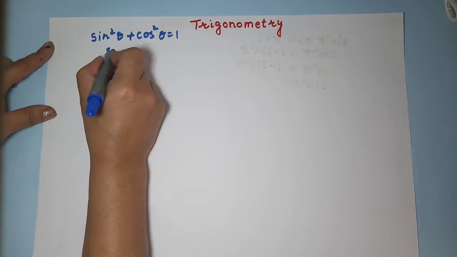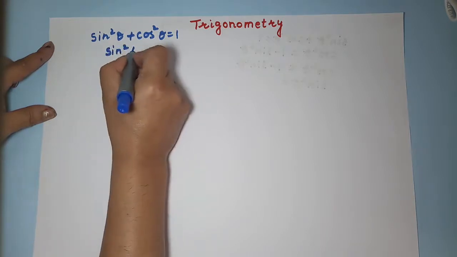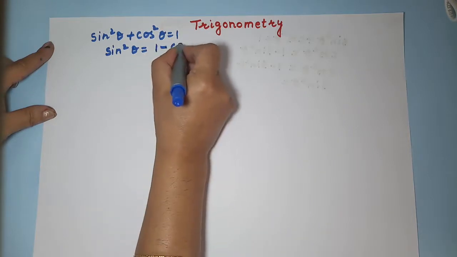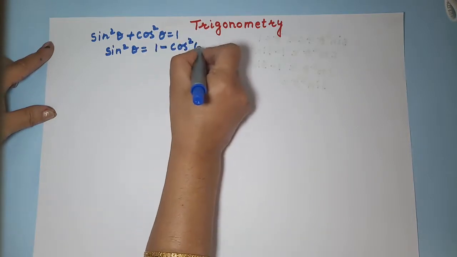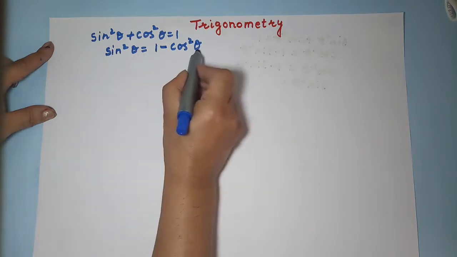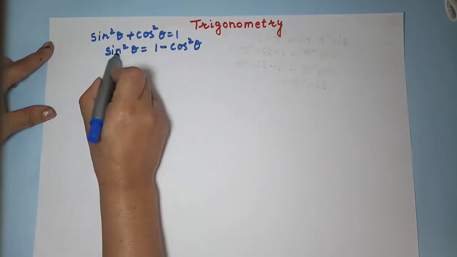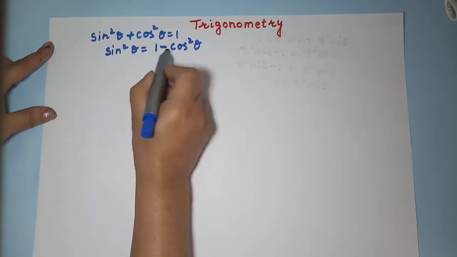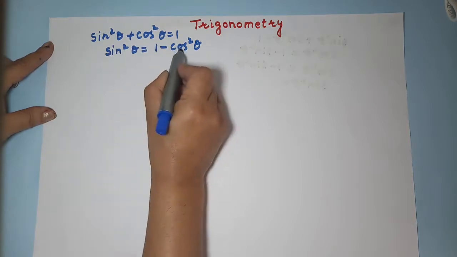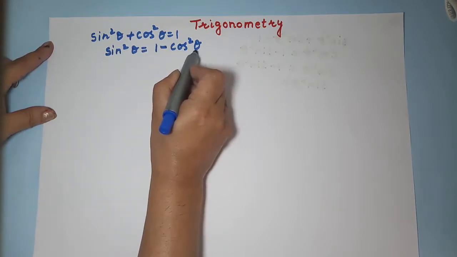You can write sine square theta is equal to, shift this cos square theta to this side, you'll get 1 minus cos square theta. What does that mean? Sometimes you can use 1 minus cos square theta in place of sine square theta, or sine square theta in place of 1 minus cos square theta.